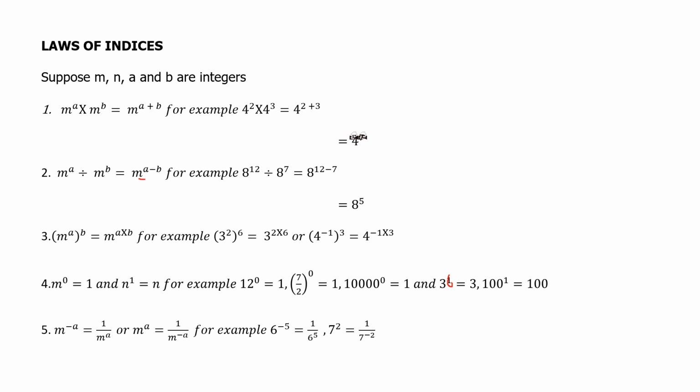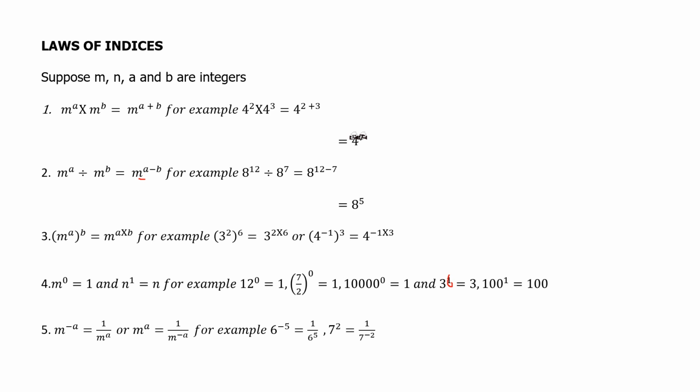When we go to the fifth one, we have a base raised to a negative power, that is raised to negative m. If we want to make that power positive, we take the reciprocal of the base and keep the power, and now the power is positive.